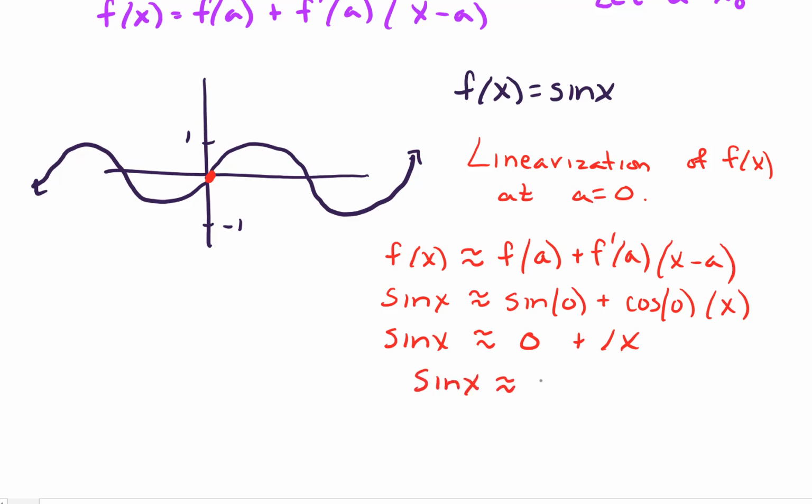And so you can imagine if you're working on a really complicated problem in engineering that's got a bunch of sine terms and you're working close to the origin, you could replace them by x, and that would really simplify your calculations quite a bit. Okay, so I've drawn in what the function y equals x looks like. So this is our linearization. It does a really good job of approximating sine values when we're close to 0, and the farther we move away from 0, the worse our approximation does, but it's really good when we're close to 0.